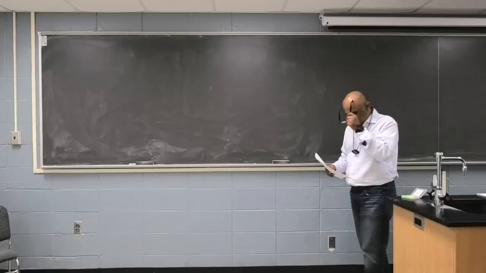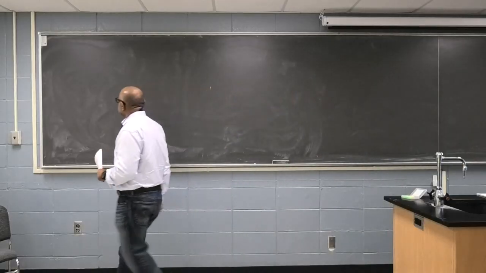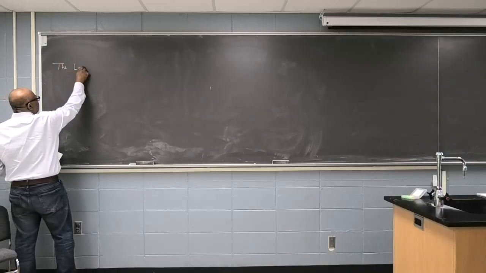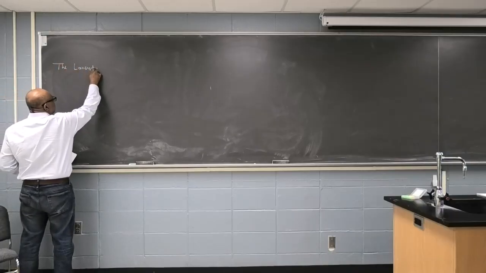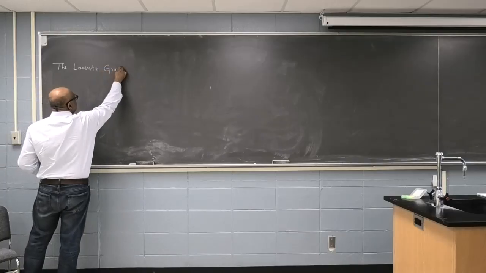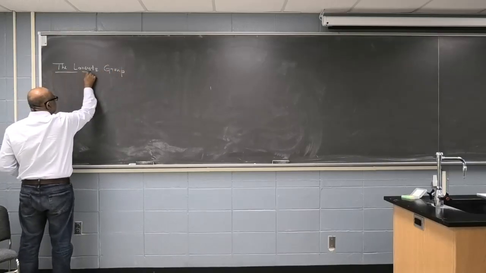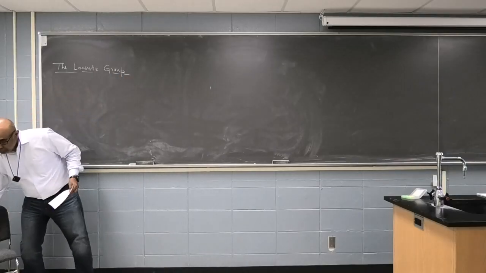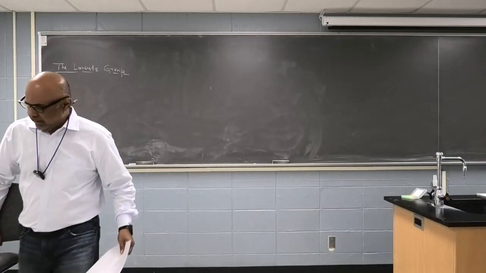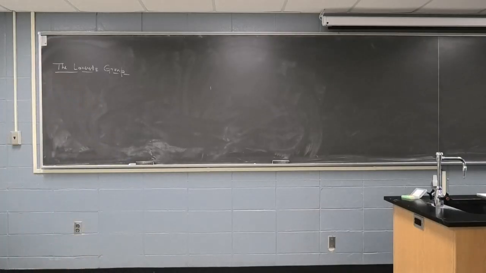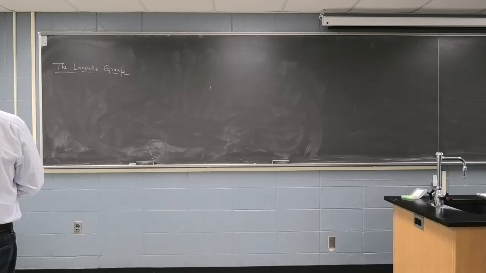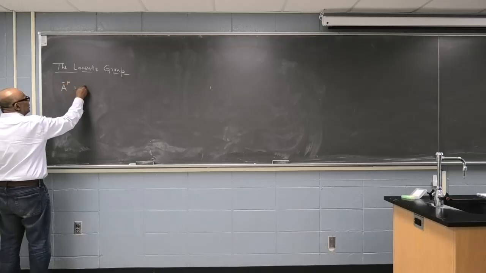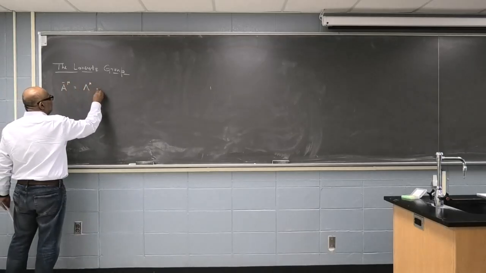Okay, so today, if I should give a title, it's called the Lorentz group. We've talked about Lorentz transformation. And we know that at the moment at least, if you have a vector A, it transforms by a matrix.